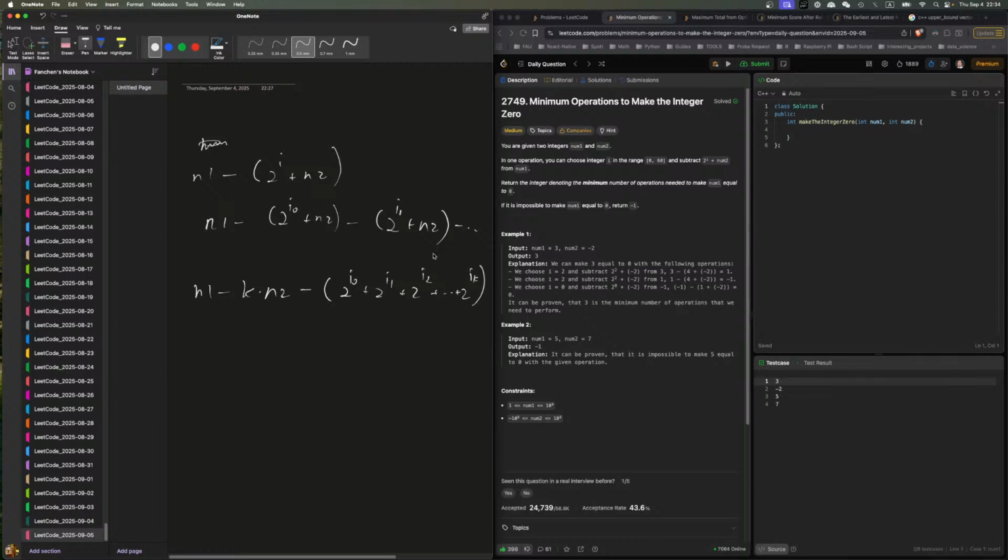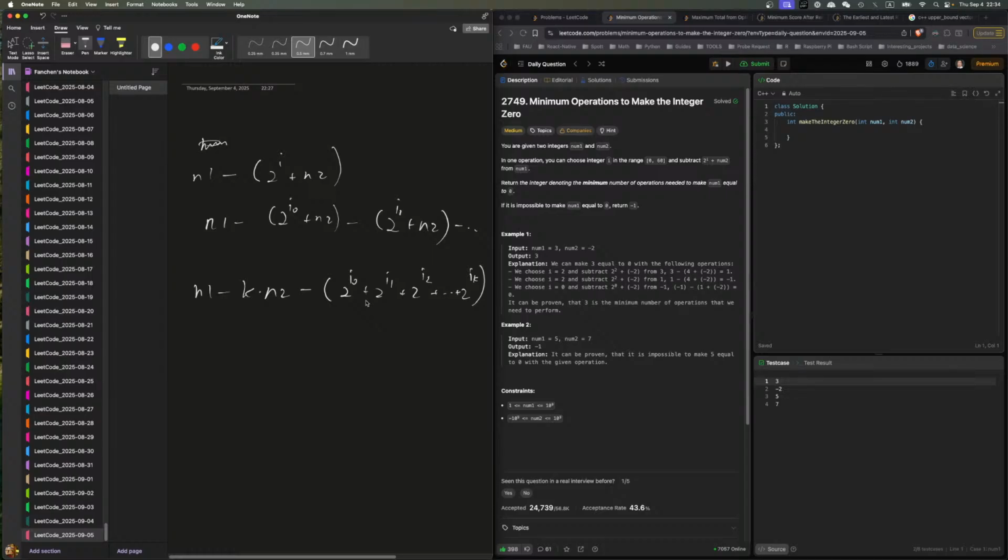Anyway, so we have this minimal number, and i can range from this. And num2 can be positive or negative.